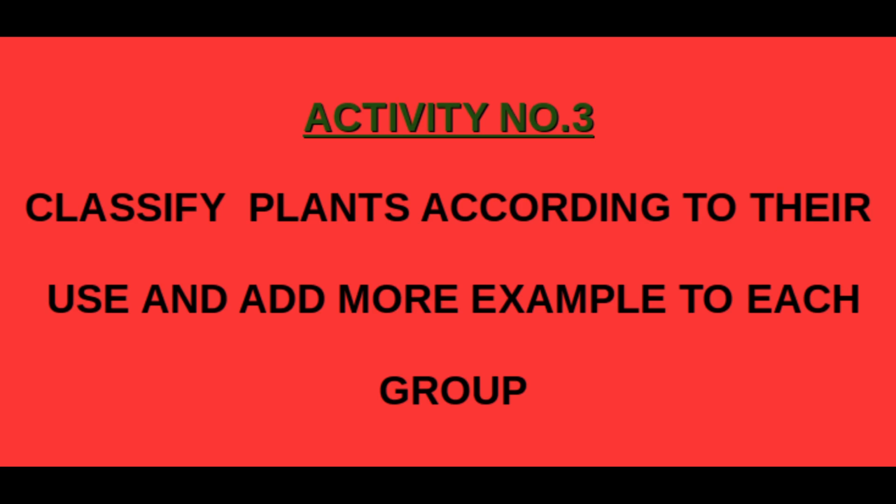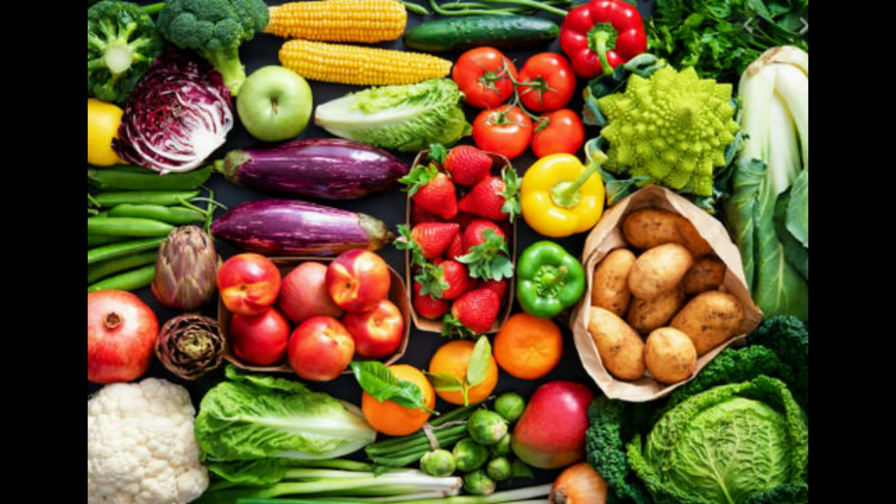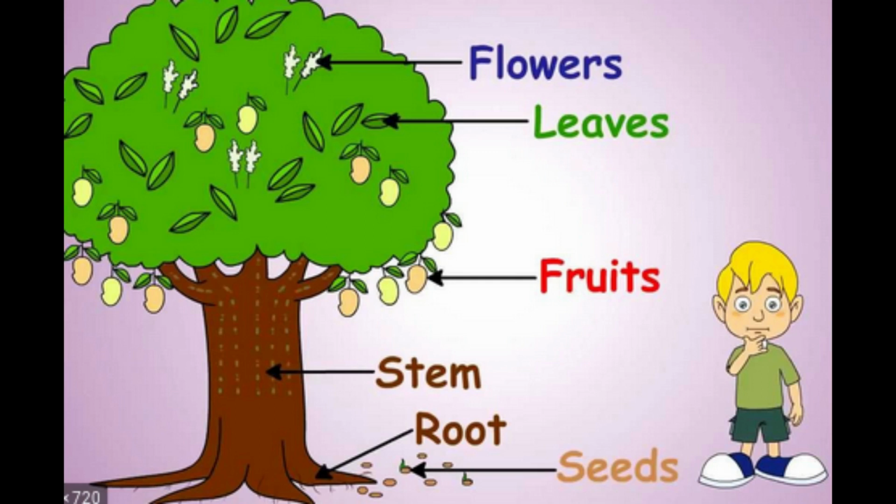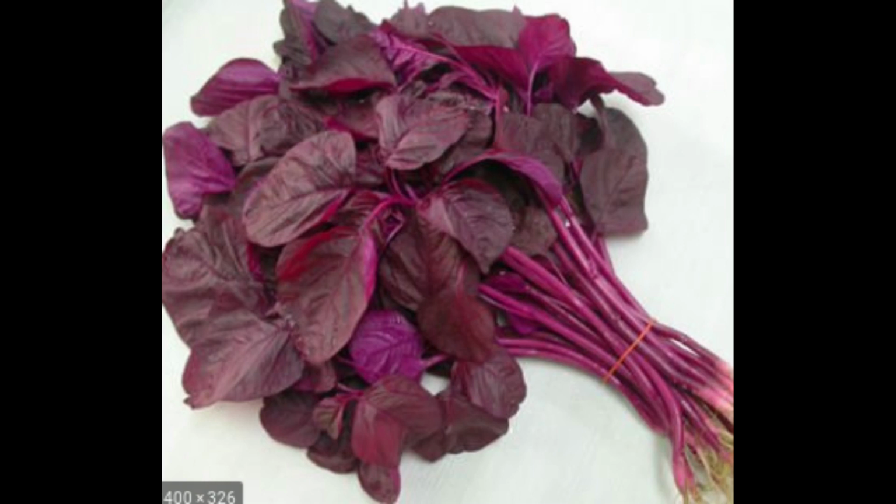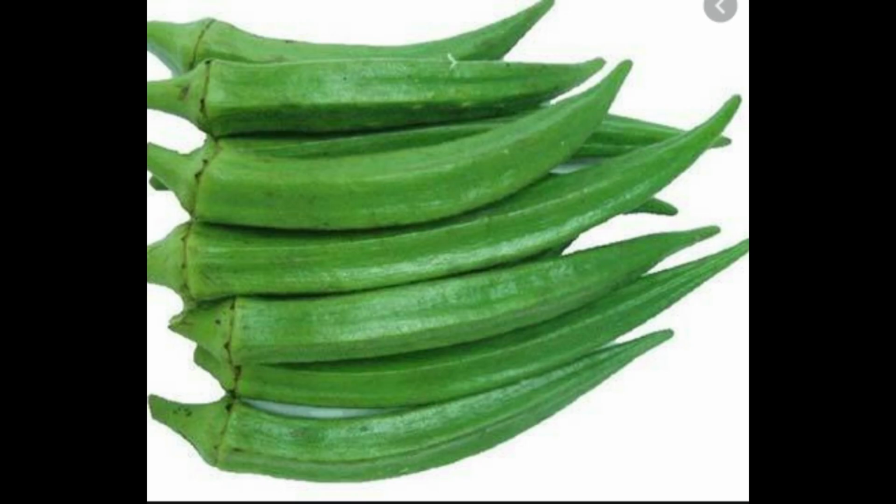Then you may notice that there are different types of vegetables that we buy from markets. The edible parts of these vegetables may also vary. Some of them are used as leaves, like spinach, which is also called cheera. Some of them are fruits, like lady's finger, tomato, etc. Some of them are seeds, like the paddy.